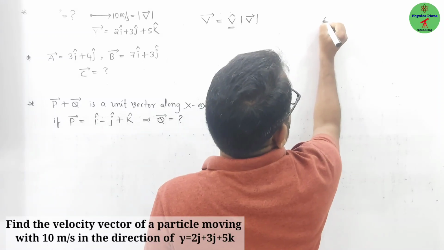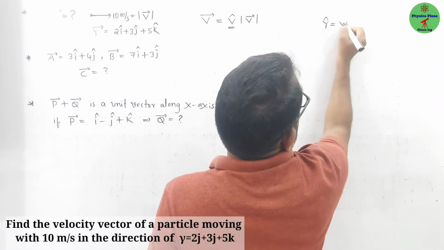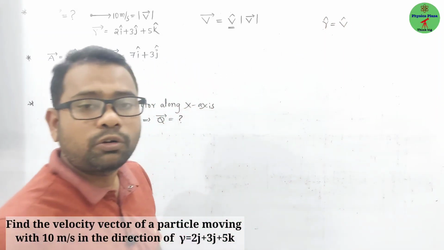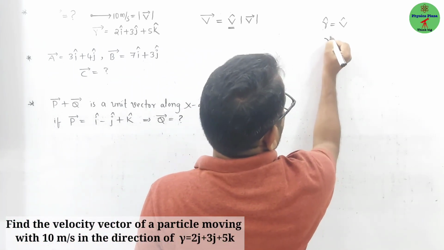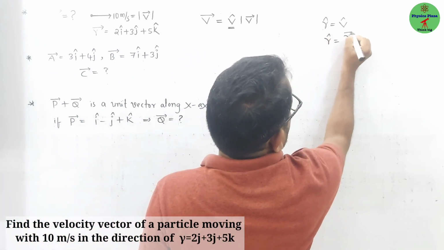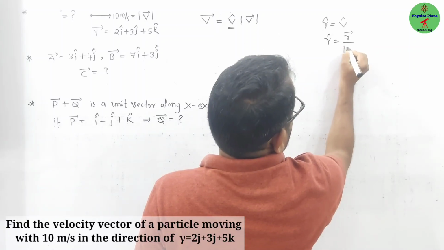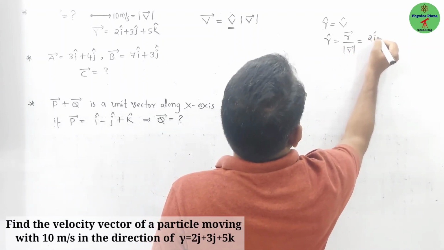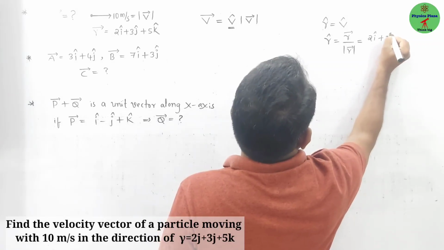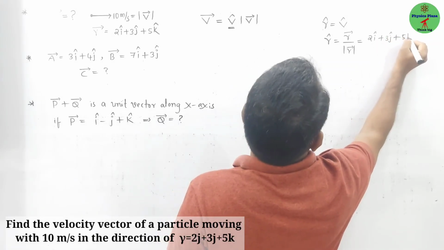So here r cap is equal to the v cap. That's it. But how to calculate the r cap? Yes, let us calculate here. So here r cap is equal to r vector by its own magnitude. So this is 2i cap plus 3j cap plus 5k cap.